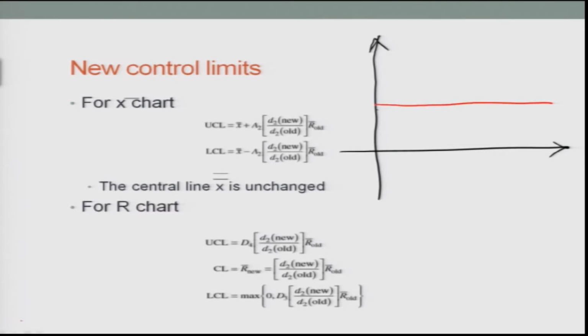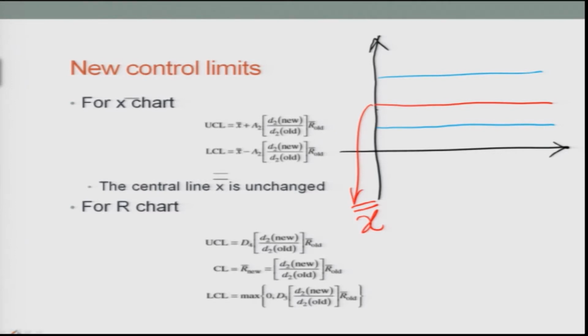So, this is actually what we mean by X bar bar, and when I calculate the limits, this is the upper control limit in the first case, and the lower control limit in the second case.